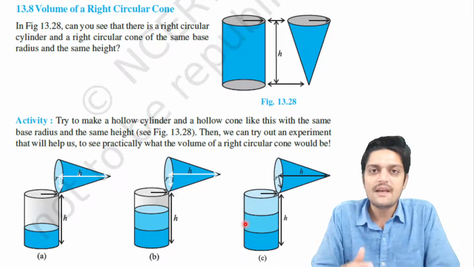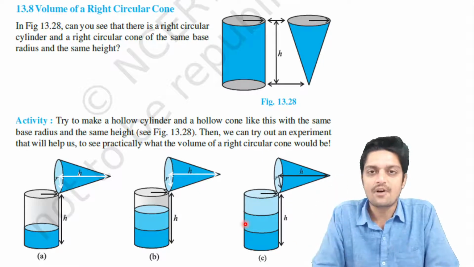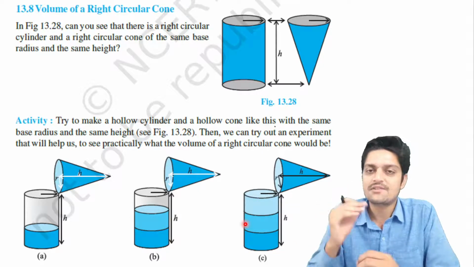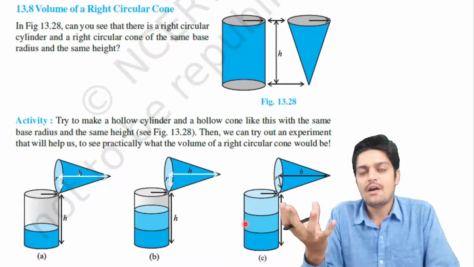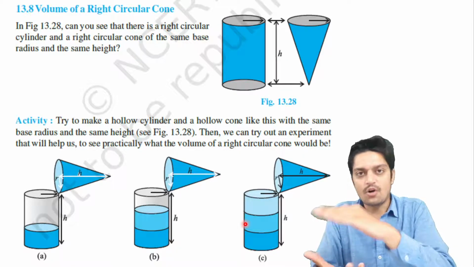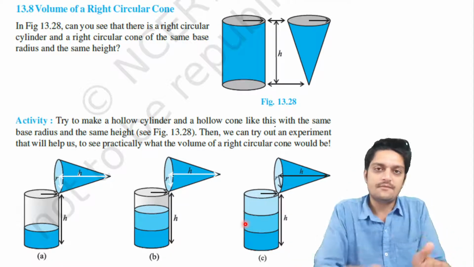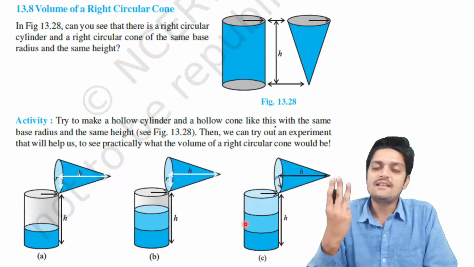This is really amazing. You have to make two shapes as I have shown here: first a cylinder and second a cone. Then pour a full cone into the cylinder.